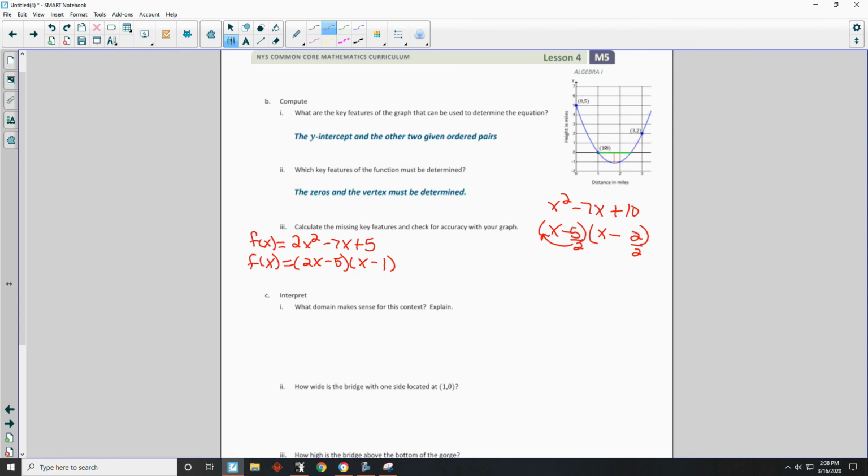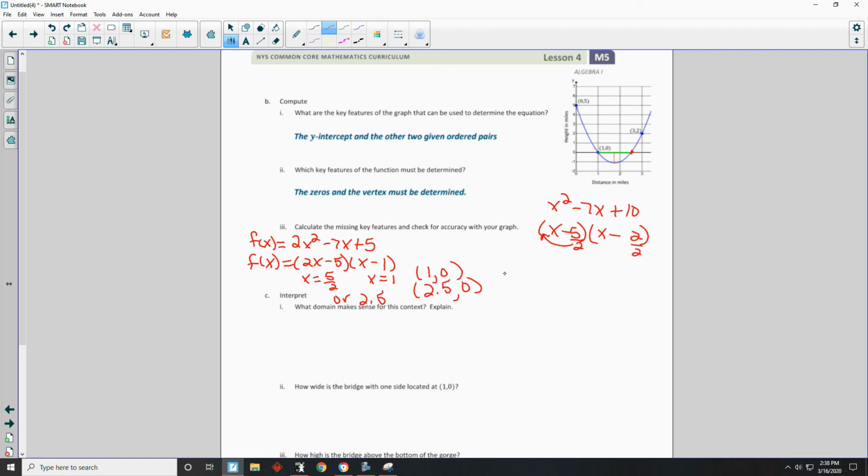And that's why I was questioning it, because I already had this one, because this would mean that x equals 1 and x equals 5 halves, or 2.5. Okay, and so that's this point right here. That would be the point 2.5 comma 0. Alright, 2.5 comma 0 and 1 comma 0 are our two zeros.